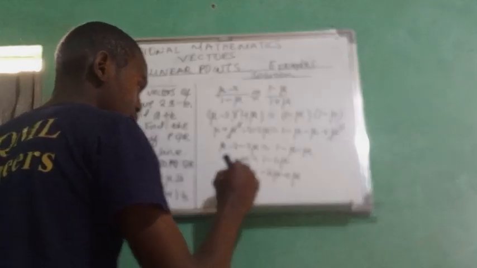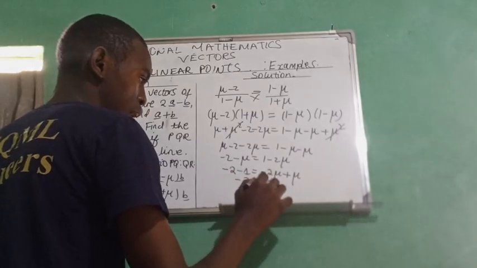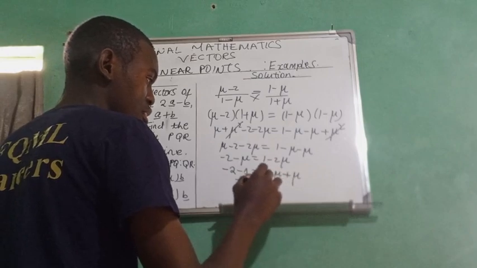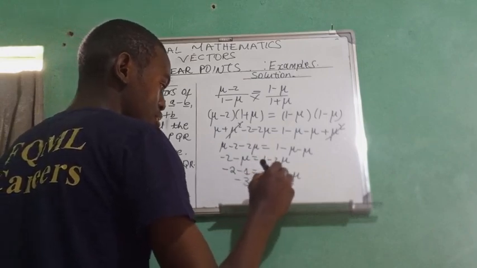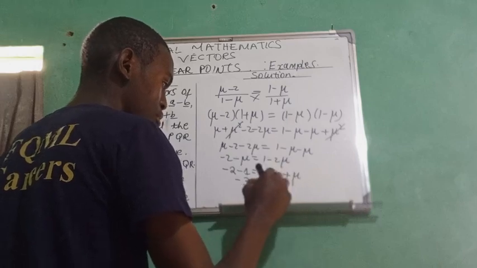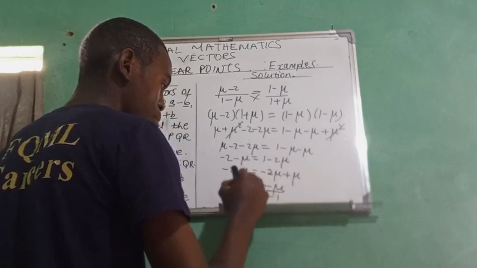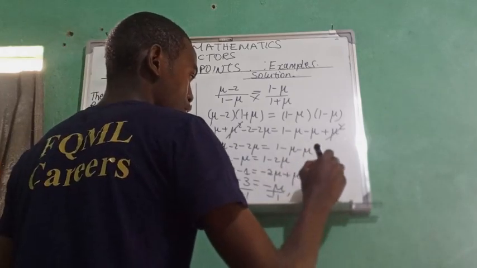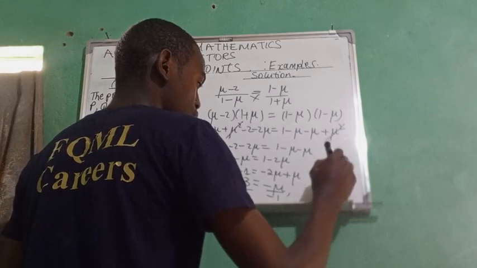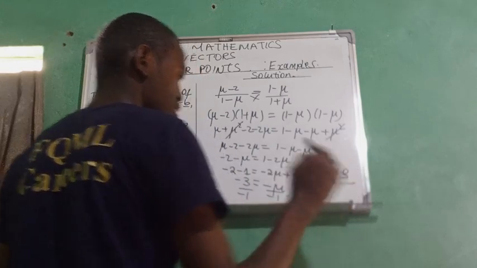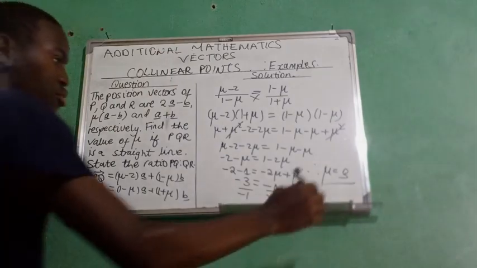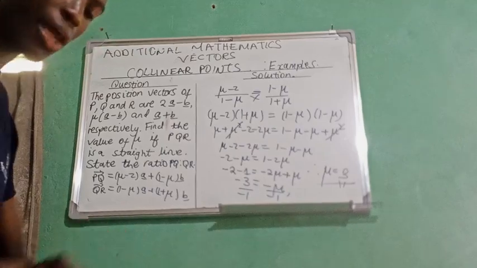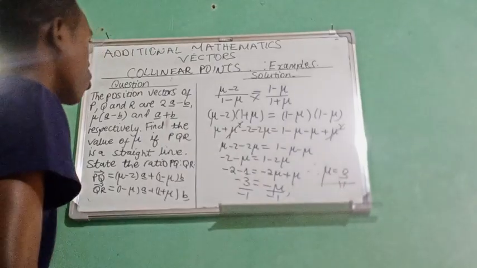This is negative 3, and then this one is the bigger number here, so we get its sign, negative mu. We divide by negative 1, we divide by negative 1, therefore mu is equal to 3. So mu is equal to 3, and we have answered our first question because they wanted us to find the value of mu.